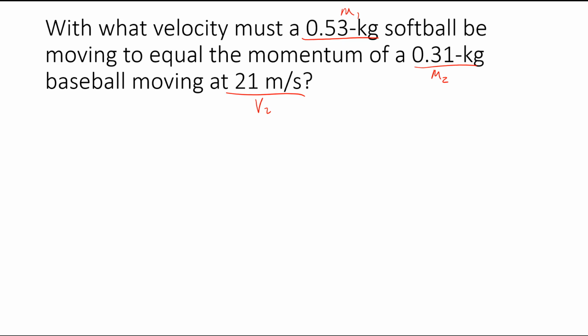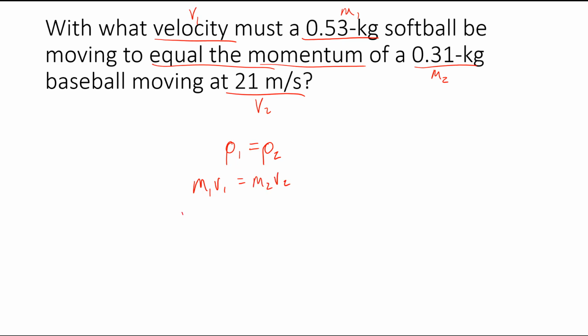Okay, let's solve it. So we want to know the velocity of the softball, I'll call that v1, such that the momenta are the same. So it's telling us equal momenta, so I'm just going to write that. p1 equals p2. And now I can substitute in my equation for momentum for each one. p1 is going to be m1 v1. p2 is going to be m2 v2.